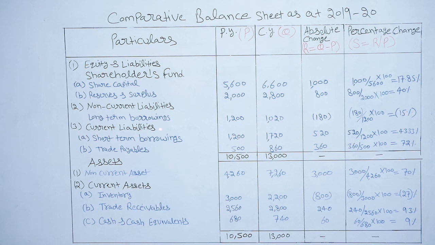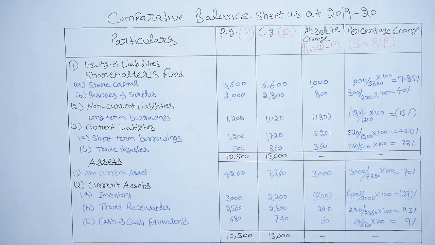Next head is current liabilities. Under this, short-term borrowings. Previous year short-term borrowing is 1,200, current year short-term borrowing is 1,720, then we get absolute change. How do we get it? Current year short-term borrowings 1,720 minus 1,200, then we get 520 as absolute change.